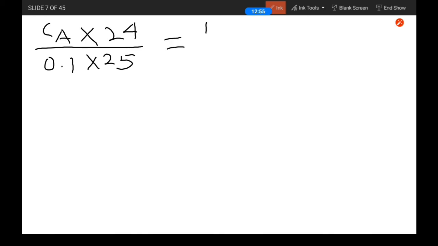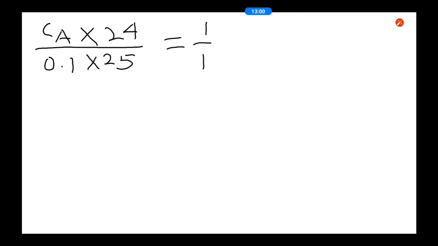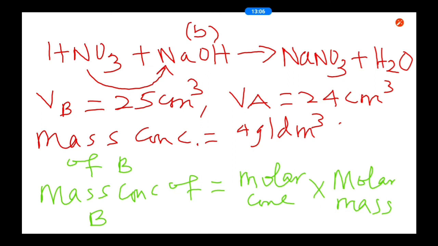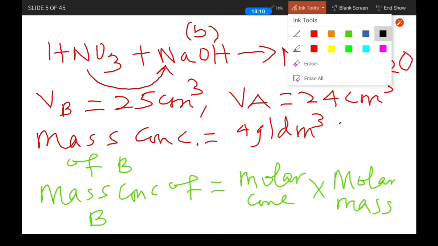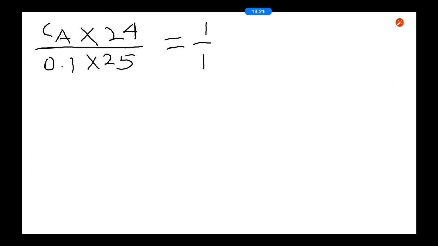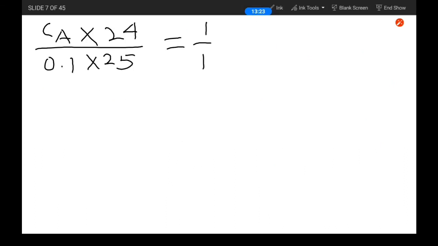So that gives us 1 over 1. Now see where we got our 1 over 1 from, the Na over Nb. From your equation, Na is the coefficient of the acid, while Nb is the coefficient of the base. Please note that. And that is 1 over 1, right? So we can move on from there.